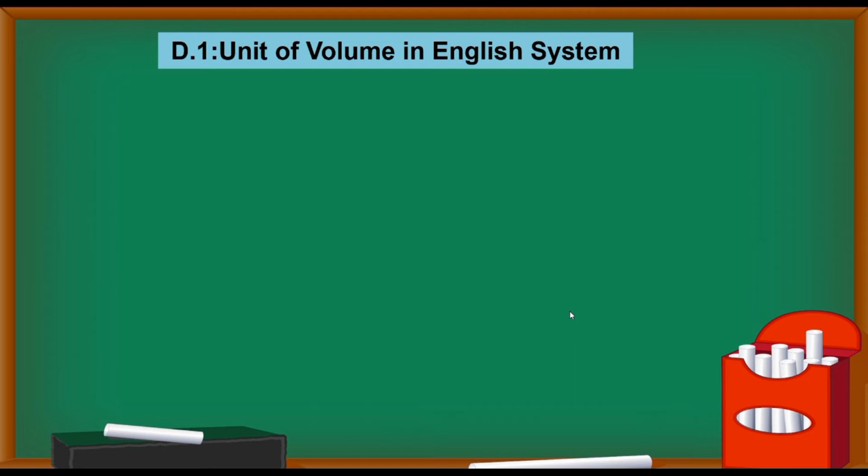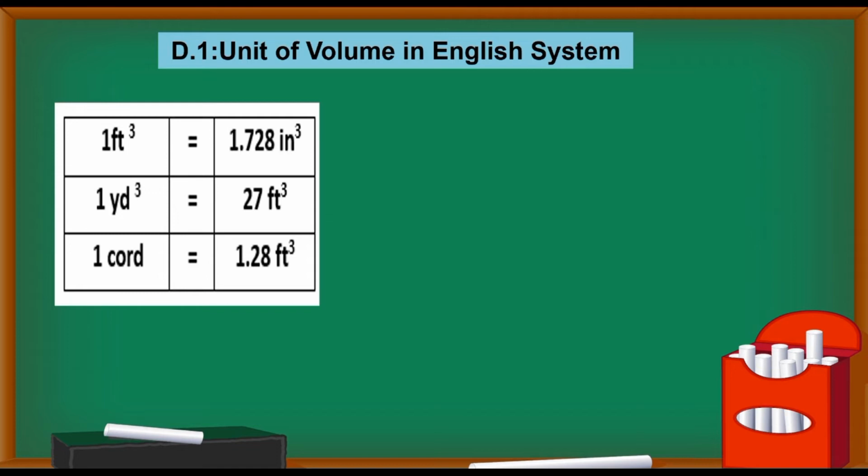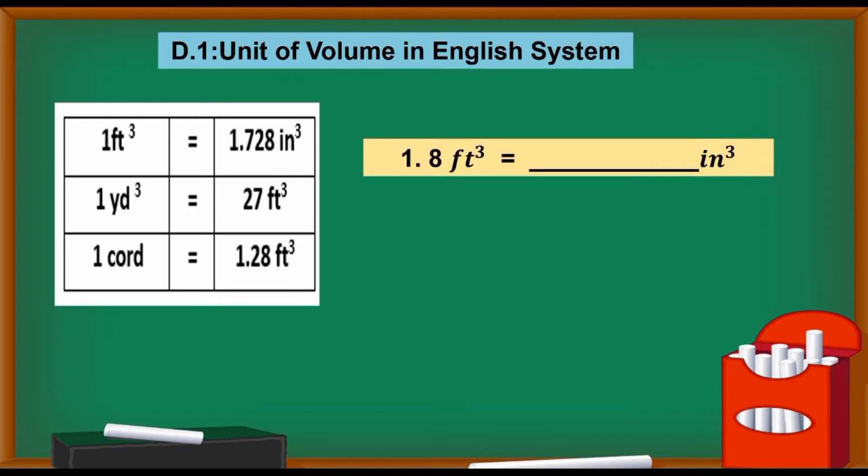So let us have now our unit of volume in English system. Ang katumbas po ng 1 feet cube ay equal kay 1,728 inches cube. In 1 yard cube, there is 27 feet cube. In 1 cord, there is 128 feet cube. So, if we have 8 feet cube, how many inches cube?